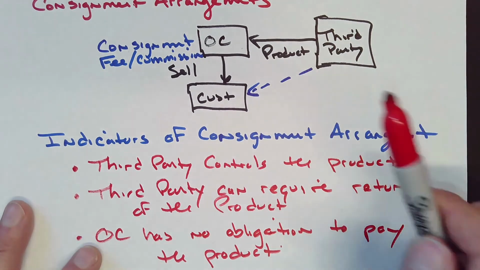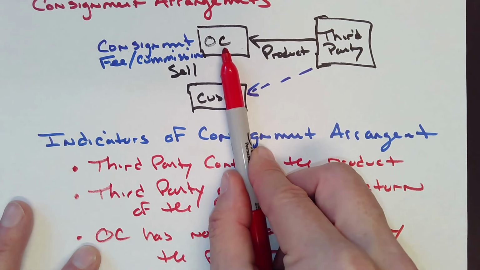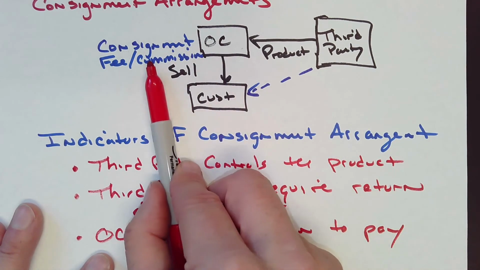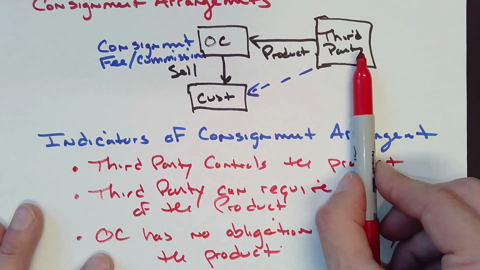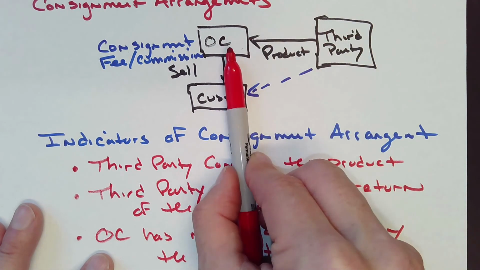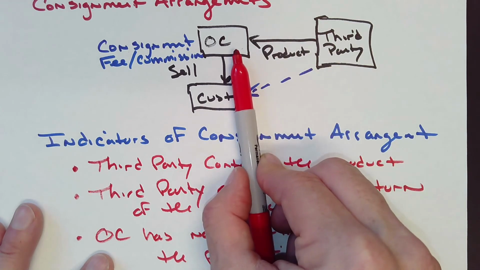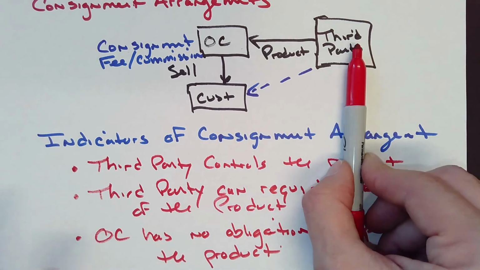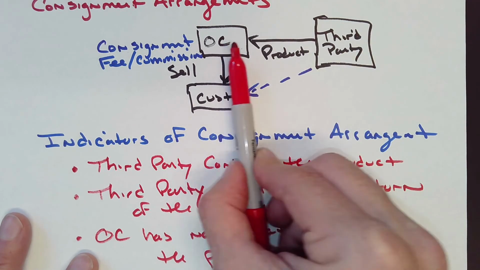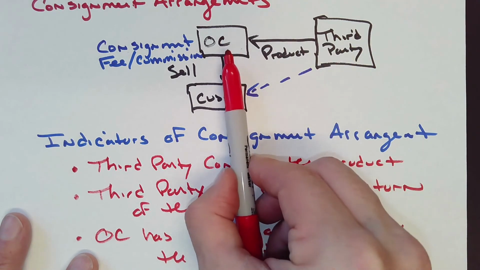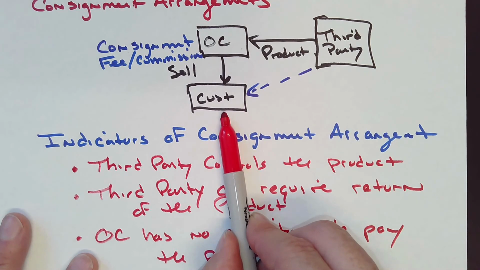So if we're the intermediary, we're only going to recognize the fee, and the entity sending product to be sold can't recognize revenue when it goes to us. They can only recognize revenue when it ultimately gets delivered to the customer.